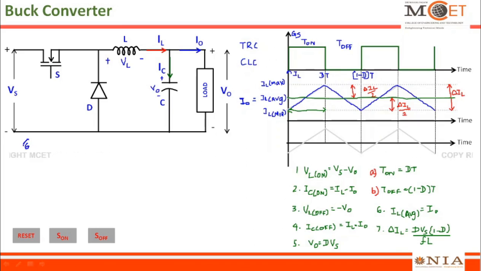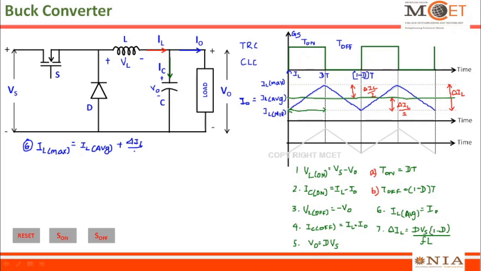So the sixth part of the derivation is to find the maximum value of the inductor current, that is ILMAX. If you look at the waveform given here, the ILMAX is nothing but IL average plus delta IL by 2.